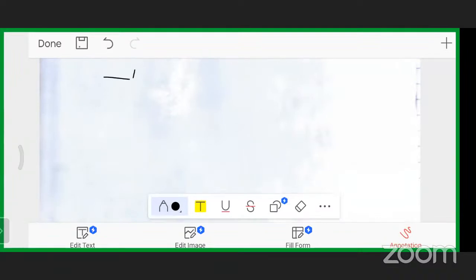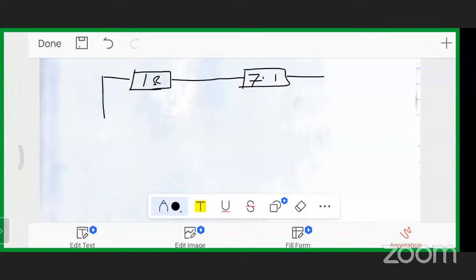We have this resistor, this is 1 ohm. Then we also have here 7.1 ohm. This is 4.5 ohms. Then at the middle, we have 3.2.